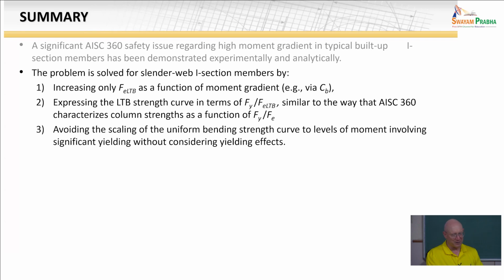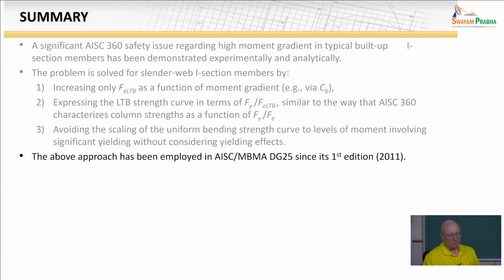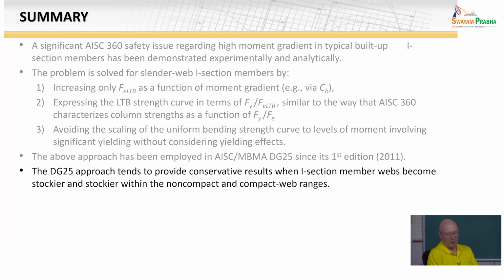That's our argument: look, we do this for columns, why shouldn't we be doing it for beams? And we're avoiding applying that Cb in cases where we can see that it's not performing well. We've used this approach in Design Guide 25 since its first edition in 2011, so it's not new to North American practice.